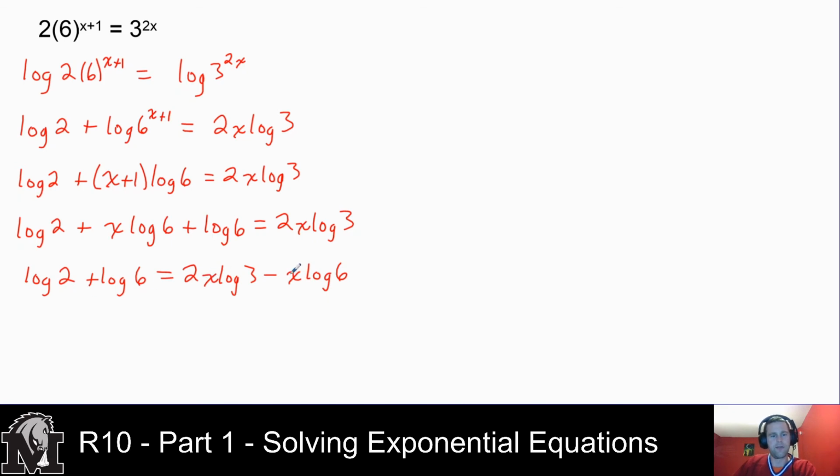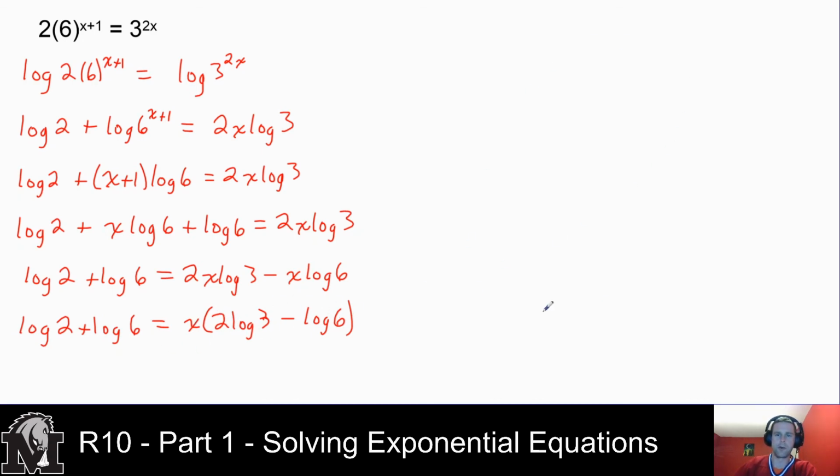Next, I want to factor an x out of these two terms. So log 2 plus log 6 equals x. If I factor an x out, I'm left with 2 log 3. And then here I'm just left with a log 6. Now I want to get x by itself, so I have to divide this to the other side.